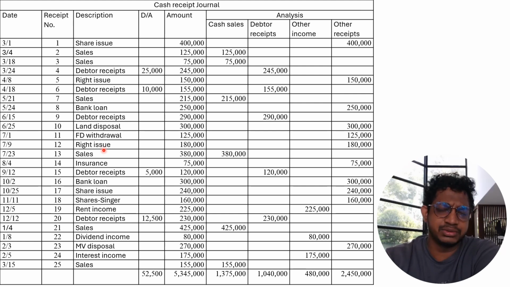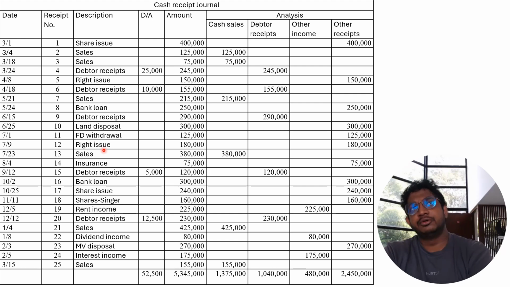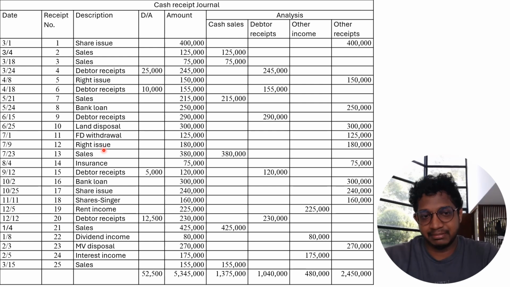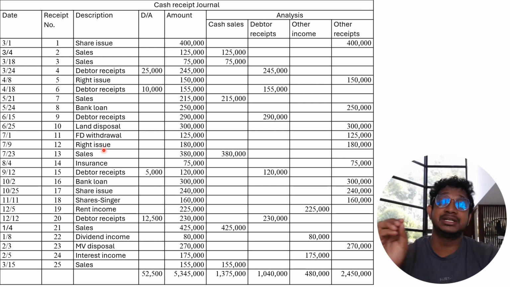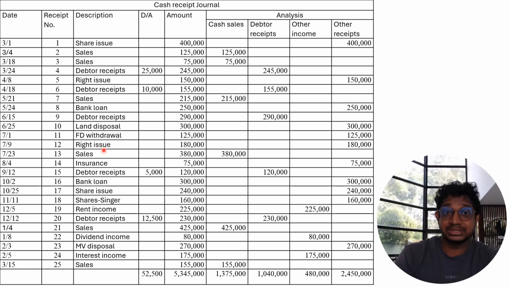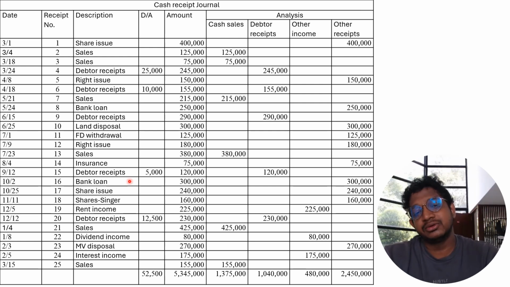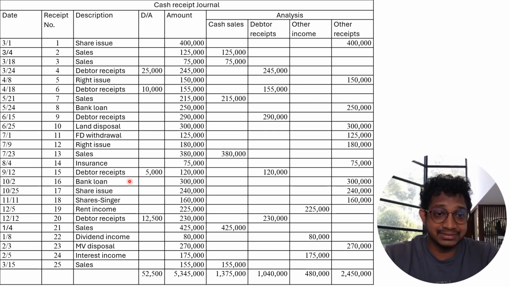So what's the difference between a normal share issue and a rights issue? In a normal share issue, any potential investor can purchase shares from your company. But in a rights issue, the company is issuing shares only to their shareholders. And bank loan also there are two times, so the total bank loan you have to record in financing activities.